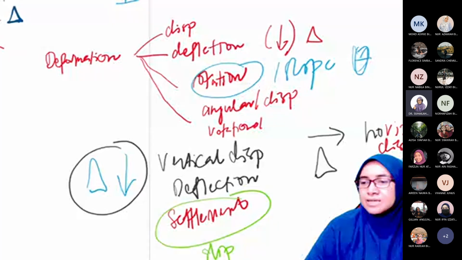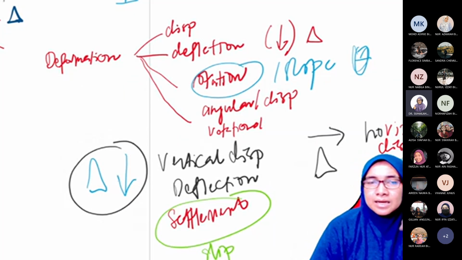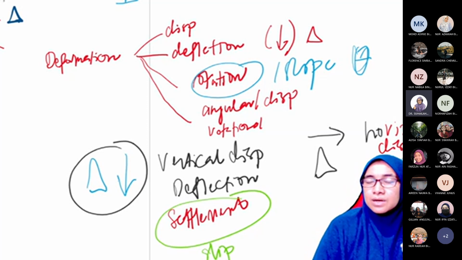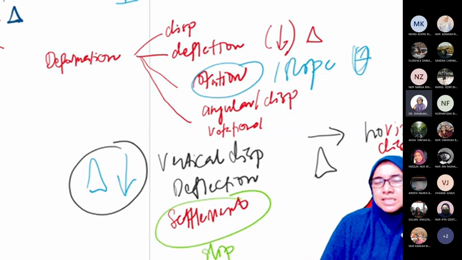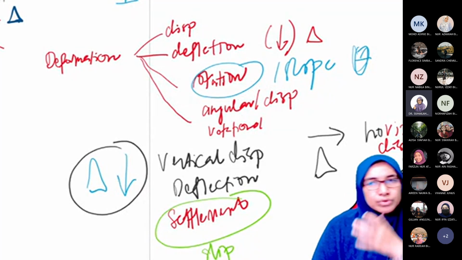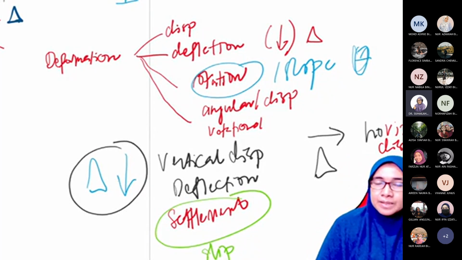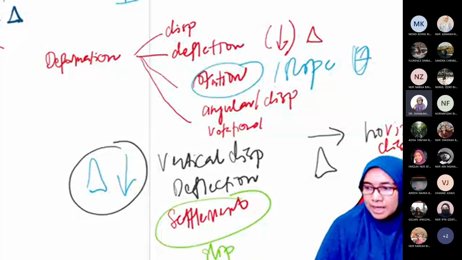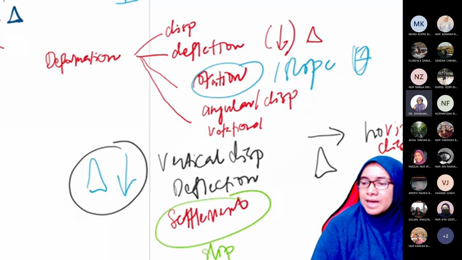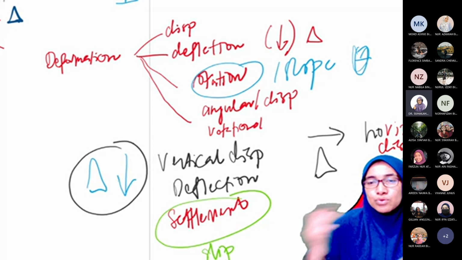And deflection, normally when we talk about a beam, when we say deflection we understand that it is downward. Settlement is also downward. Slip can be horizontal too. Slip to the right direction, slip to the left direction. That is slip. But for example when we have a frame and a load pushes from one side, the frame will side sway to the other side.